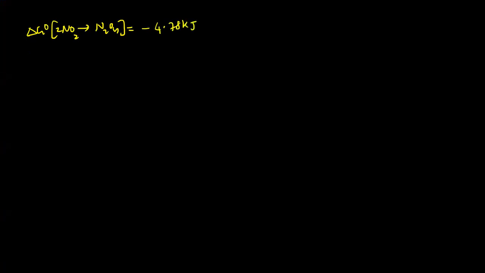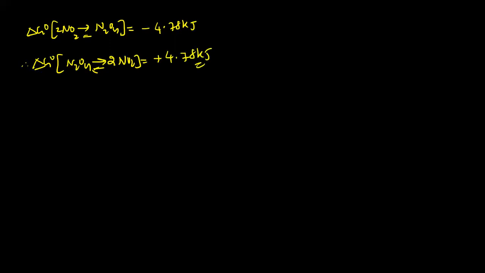What is the meaning of this? It is nothing but the delta G naught value of the reverse reaction. For the reverse reaction, N2O4 gives rise to 2NO2, it will be a positive value, so plus 4.78 kilojoules. That is the second case.